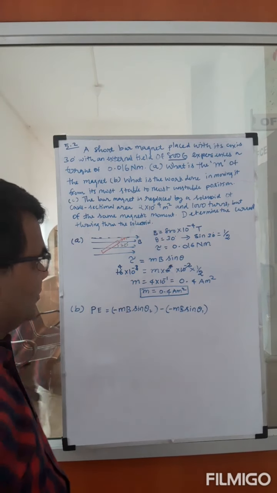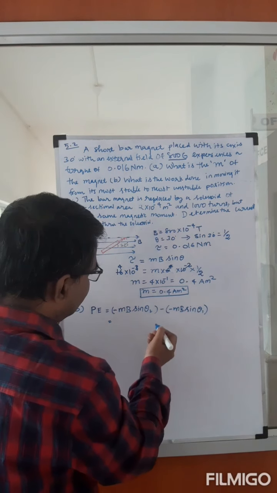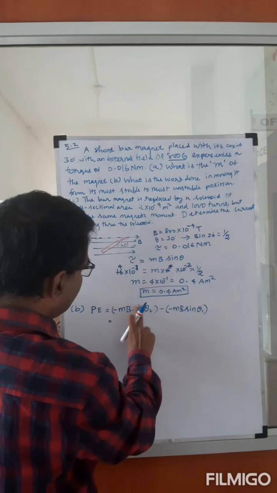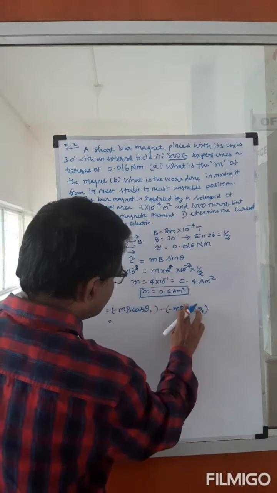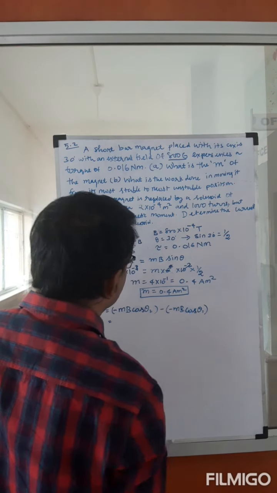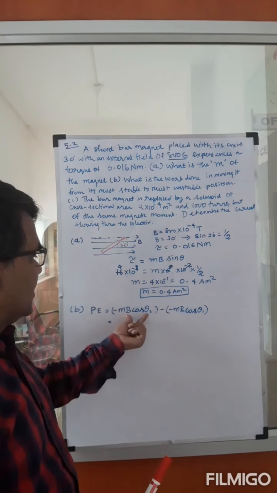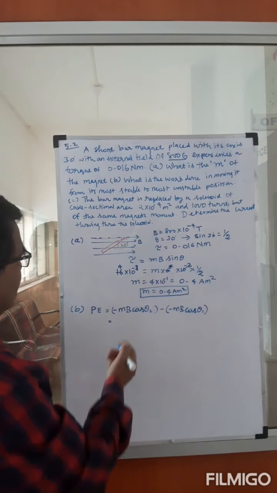Clearly it's cos, not sin, I'm sorry. So minus mB cos theta 2, then here minus mB cos theta 1.